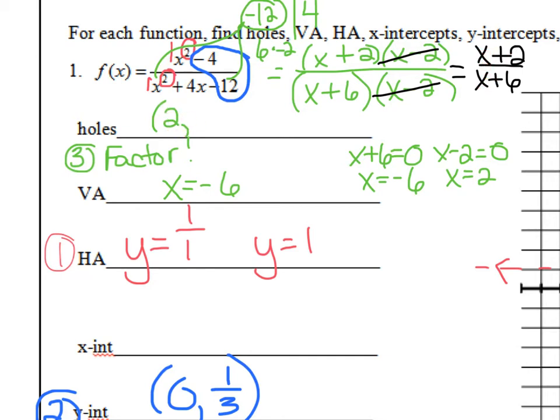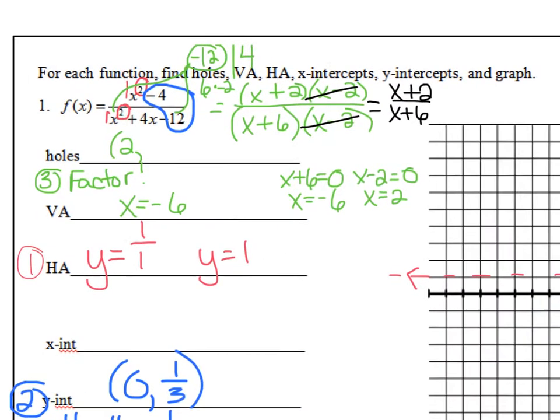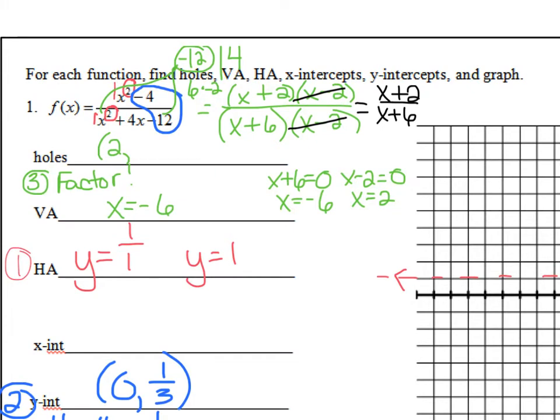So we're going to go 2 plus 2 over 2 plus 6. 2 plus 2 is 4. 2 plus 6 is 8. And that reduces to 1/2. So I know my hole is at 2 and 1/2.